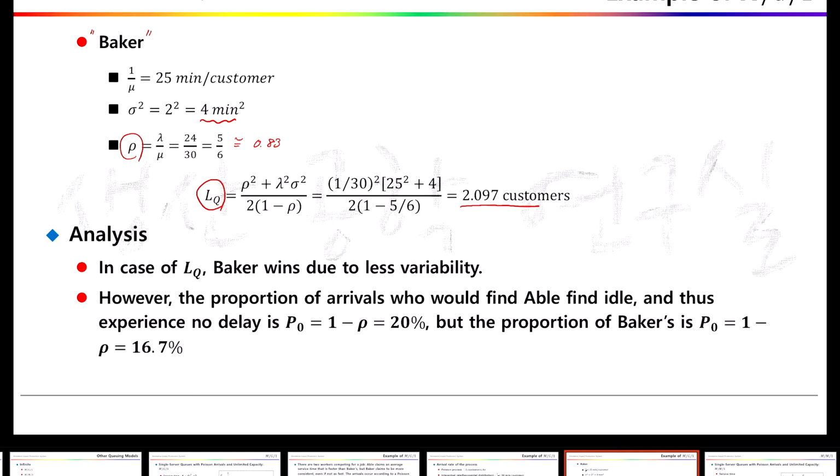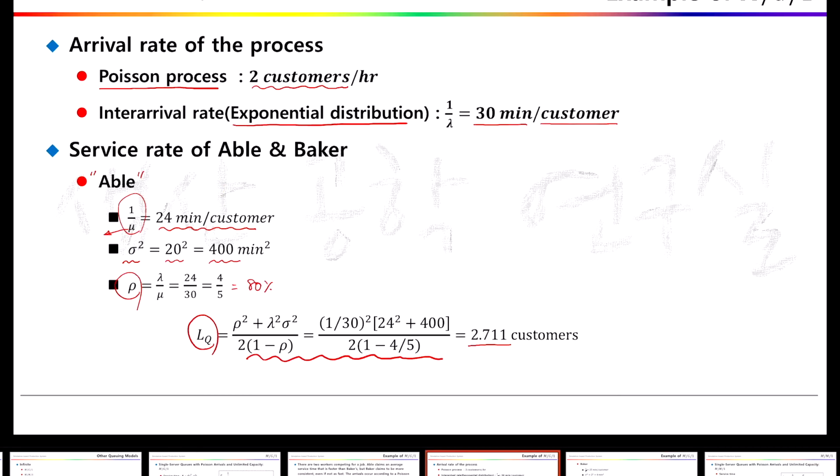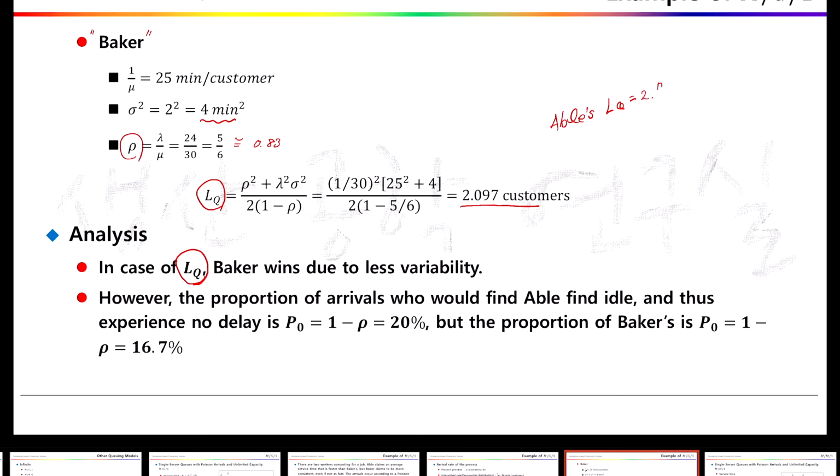So what is the result? If the hiring criterion is selected based on this LQ, then Abel's LQ was 2.711.